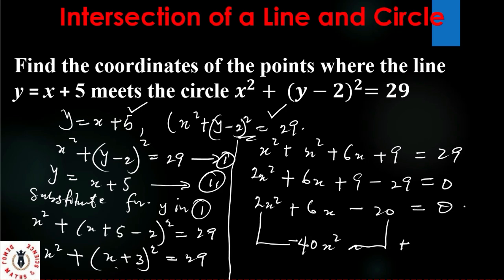That is plus 10x times minus 4x. So that 2x squared plus 10x minus 4x minus 20 equals 0.